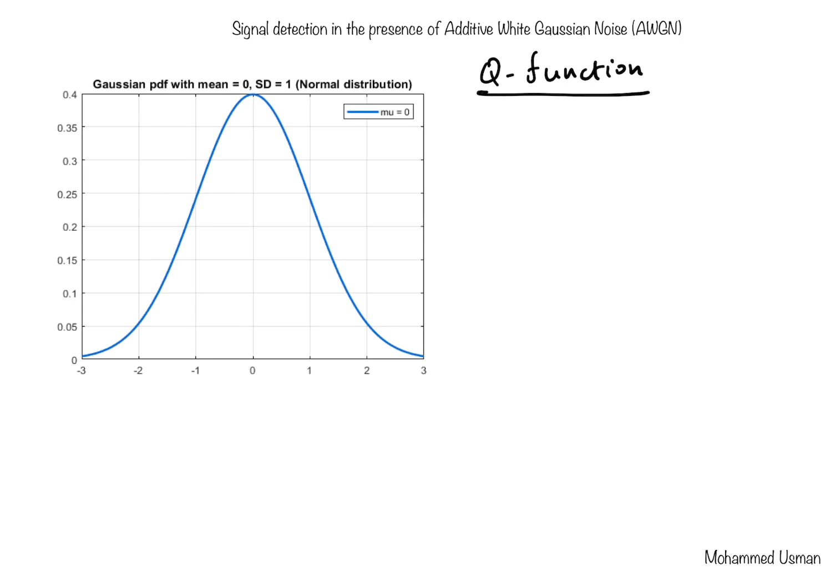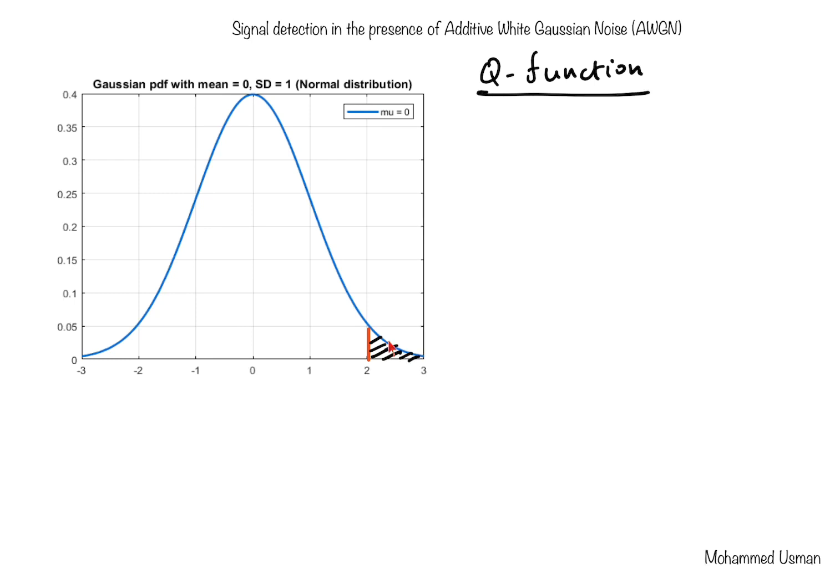For example, if I mark a line here, let's say at 2, the Q function is nothing but the area under the Gaussian PDF to the right of 2.